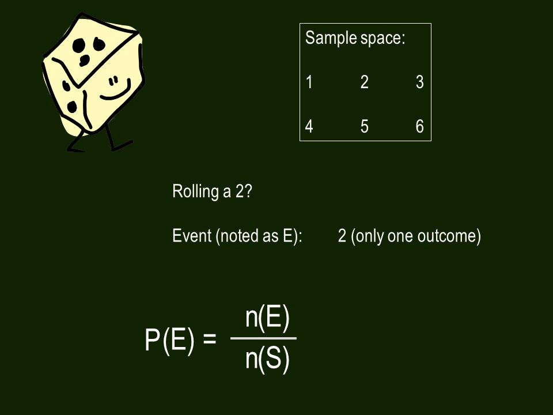So we will use N of E, so the number of outcomes for that event, which is 1, and we will divide it by the number of outcomes in our sample space, so 1 out of 6. It means that our probability of rolling a 2 is 1 out of 6.